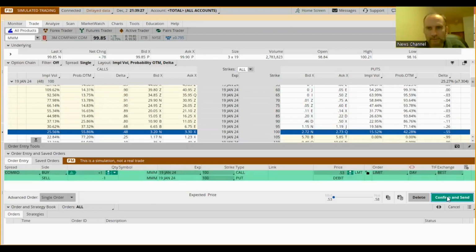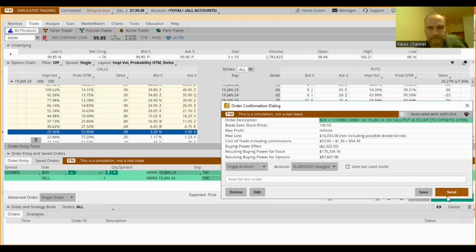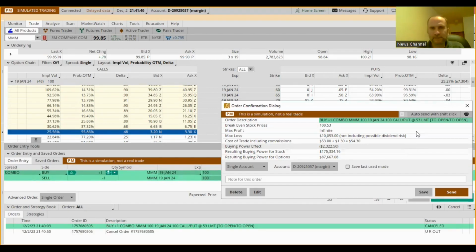Okay, you just go to confirm and send. So as you can see, this is the only pro to this trade, the fact that you're putting up very little to get unlimited profit potential. Now, obviously you wouldn't take this trade because you have to spend $54.30, which would be a debit. See right here.